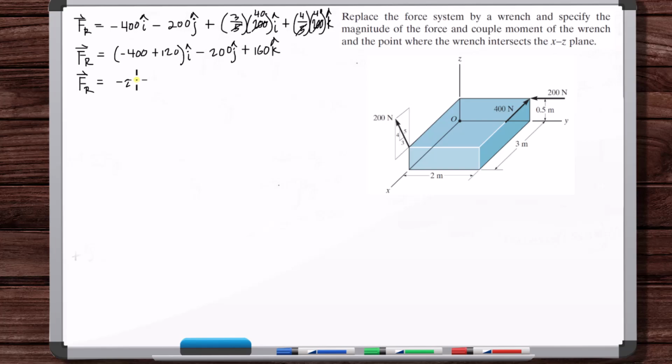So this is minus 280 I hat. Okay, so there's the force vector.